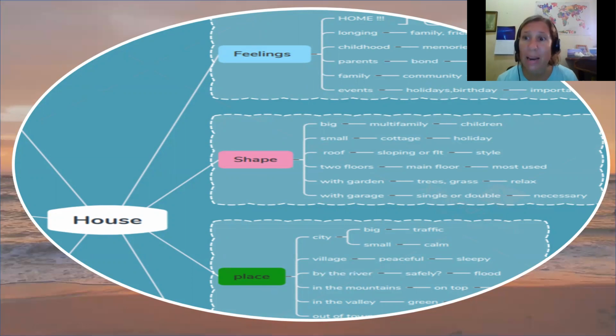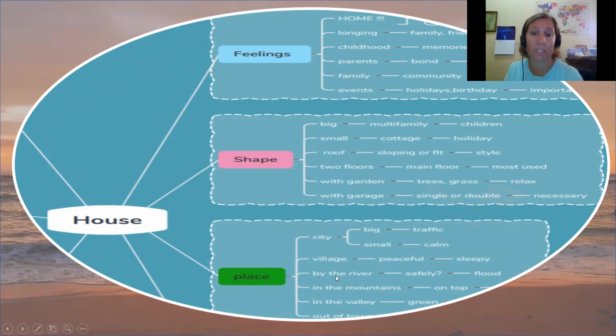After you have your mind map, use it as a guide to help you start speaking fluently, right? Maybe I say, I could have a house in a city, but there's a lot of traffic. I prefer it to be calmer, so maybe I want to live in the village because it's peaceful. I love the sound of the river flowing.